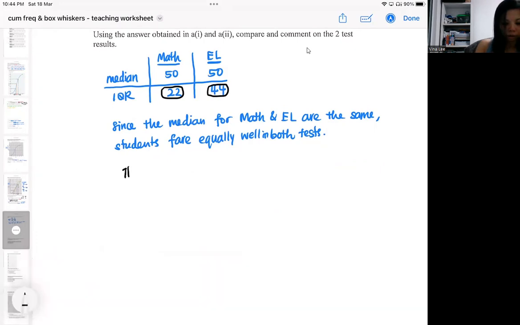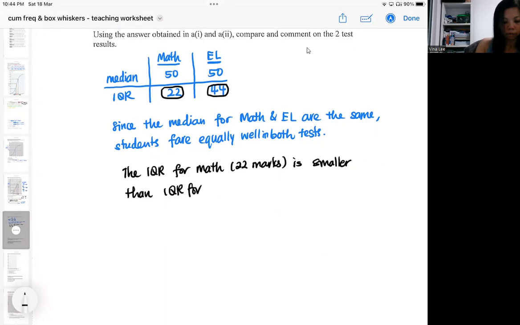So the interquartile range for math, which is the 22 marks, is smaller than the interquartile range for English. And that is the 44 marks. So the implication will be students are actually more consistent in their math result.